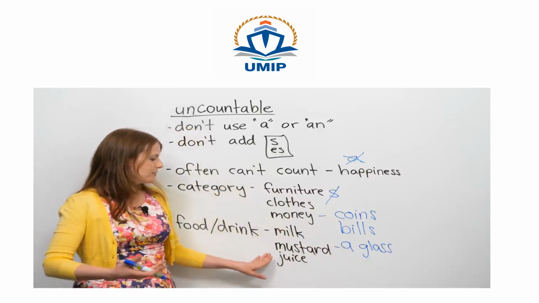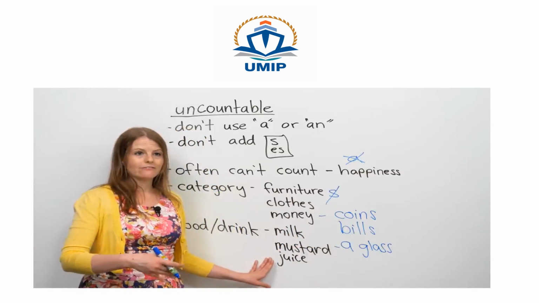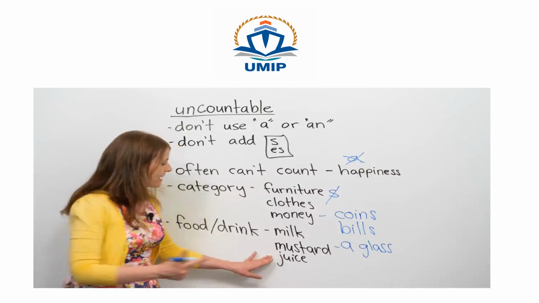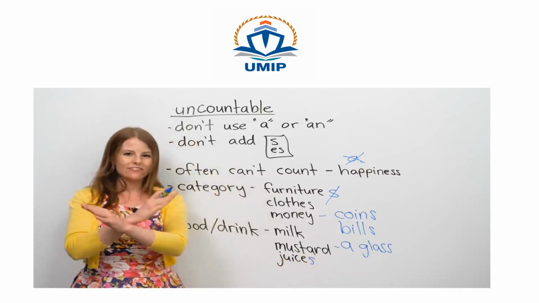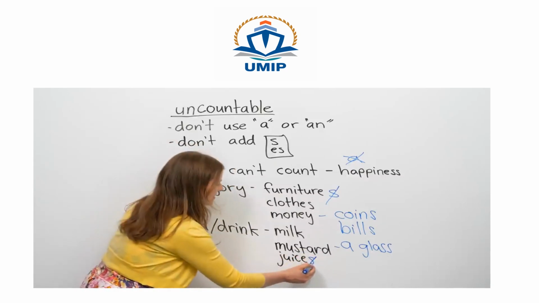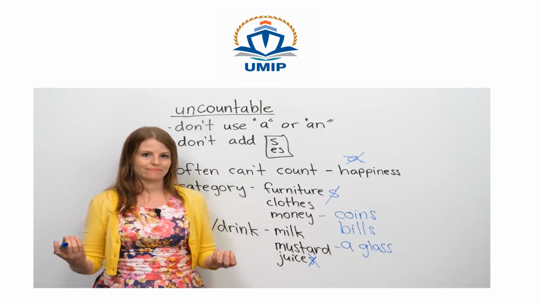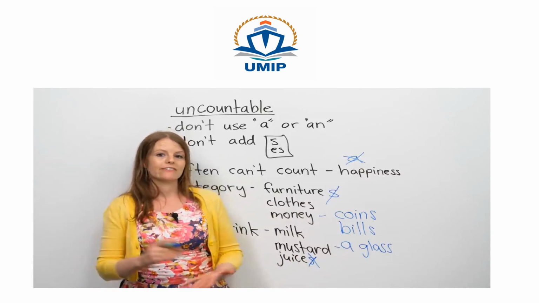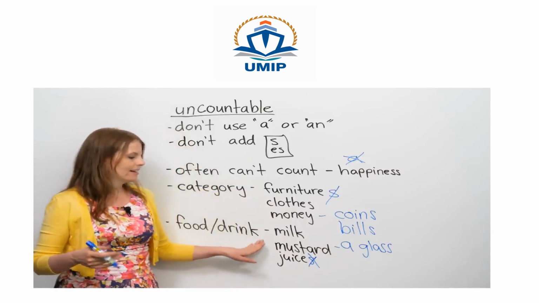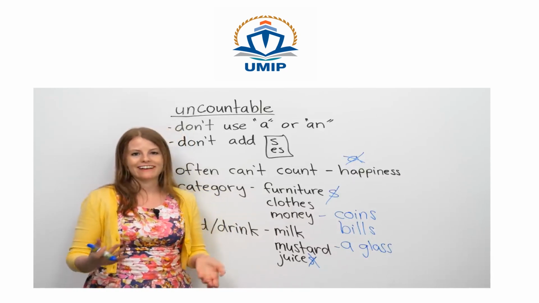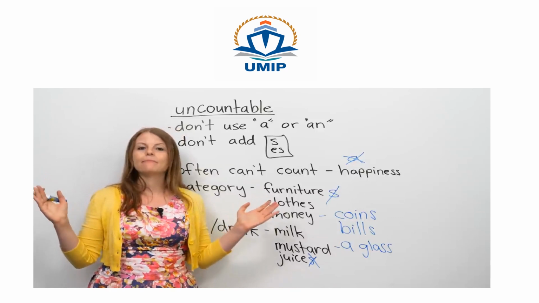It's the same with, for example, juice. I have 8 cups of juice. But juice itself, the word juice, we can never say juices. So it doesn't change because it's an uncountable noun. And we'll look at more examples of this in full sentences in a moment. Mustard or ketchup, these are more examples. We do not say, I have 10 or 20 mustards.